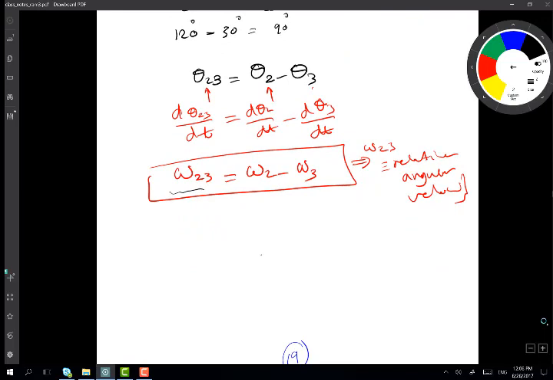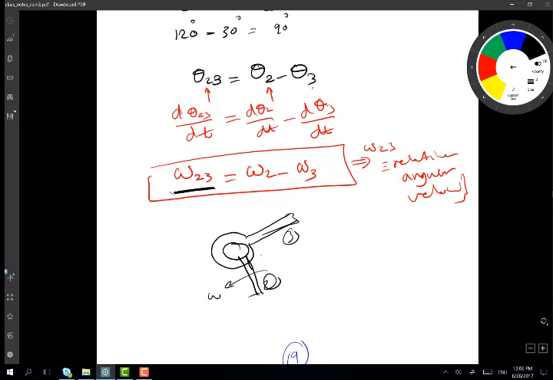If this is link 2, over here, and around that pin I have link number 3, then there is some angular difference, the relative angular velocity, which is omega 2 minus omega 3.